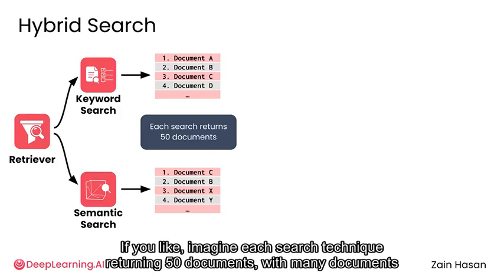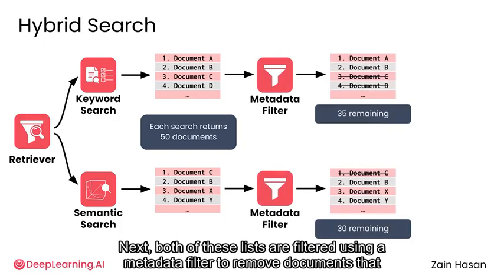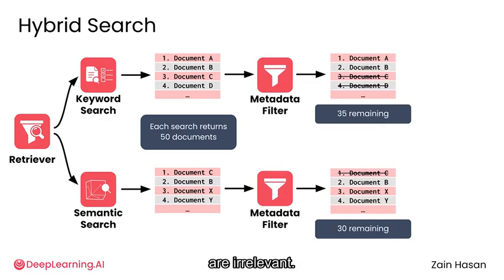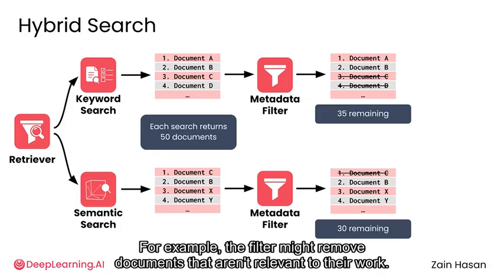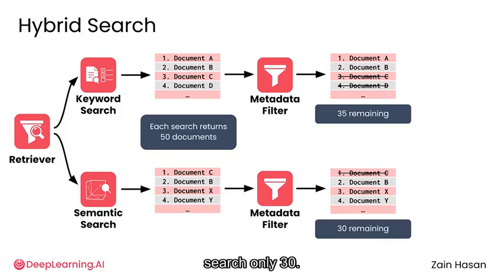If you like, imagine each search technique returning 50 documents, with many documents appearing in both rankings, but perhaps in different order. Next, both of these lists are filtered using a metadata filter to remove documents that are irrelevant. For example, the filter might remove documents that aren't relevant to their work. In this example, the keyword search list is left with 35 documents, and the semantic search only 30.